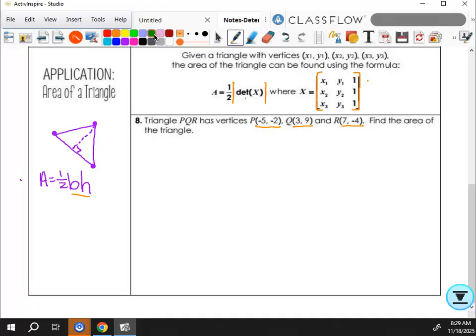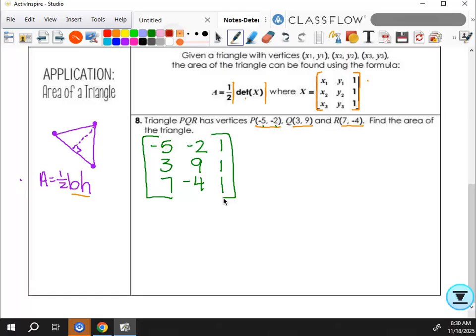So we're going to write down our first row. This is x, y, and then a 1. So -5, -2, and then a 1. Then 3, 9, and 1. And then 7, -4, and 1. There is my matrix. Okay, just plopping the points in there, and then we put a 1.